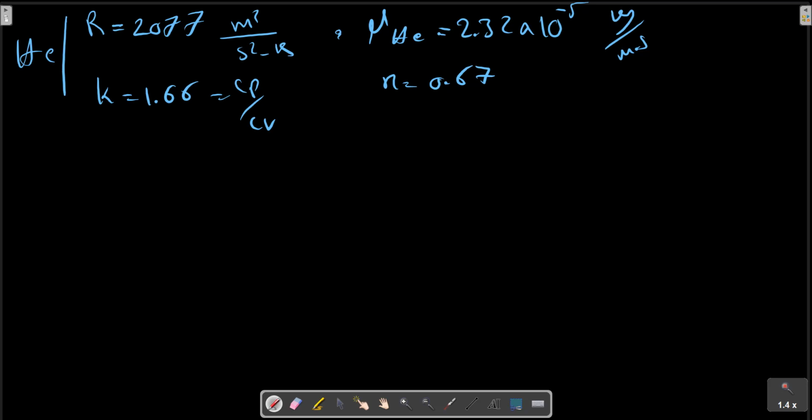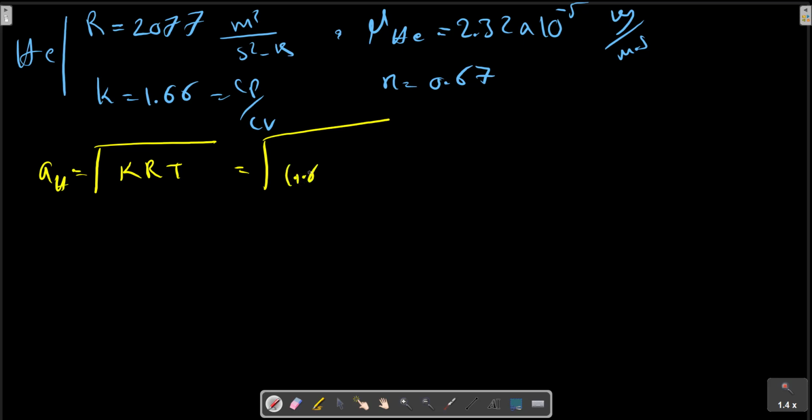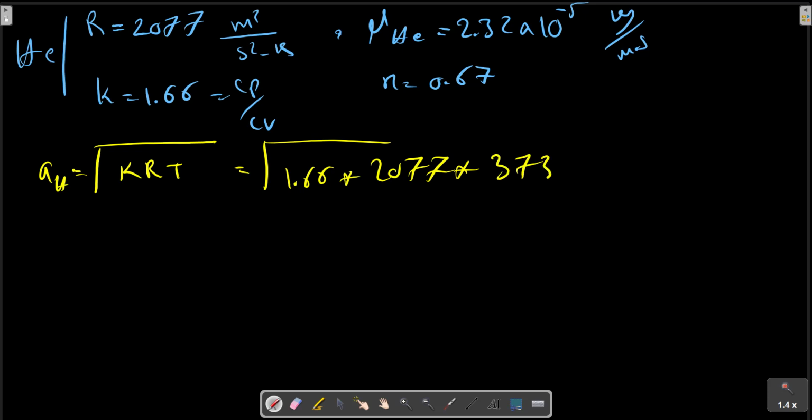For the helium sound velocity, we have this relation, the square root of K R T, which is K multiplied by R multiplied by the temperature, which is 100 Celsius and 377 Kelvin.